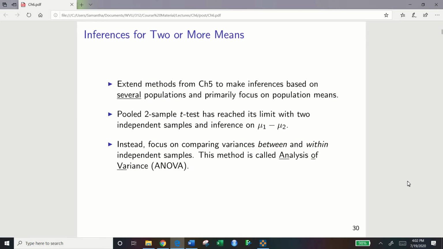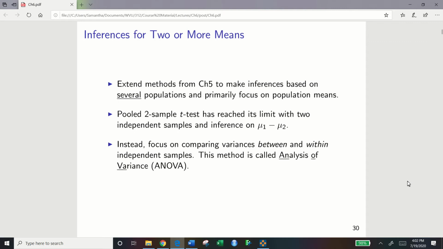Okay, so to begin, in Chapter 6, we focus on how to make inferences for two or more population means. We like to extend methods from Chapter 5 to make inferences based on several populations, and as I alluded to already, we primarily focus on population means. Unfortunately, our pooled two-sample t-test reaches its limit when we have more than two independent samples.